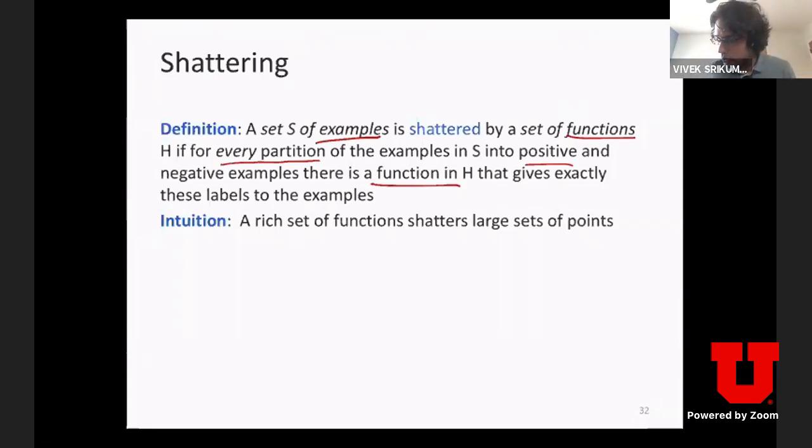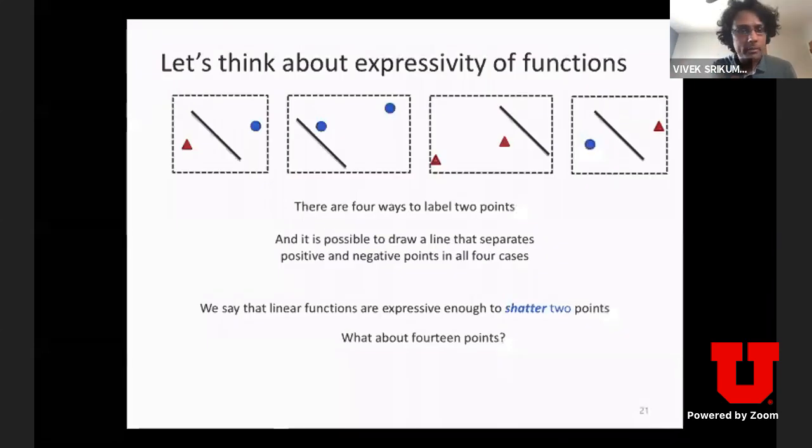No matter how these 2 points were labeled, I could find a line. My set of functions is a set of lines. I could find a line that perfectly agrees with the labeling.